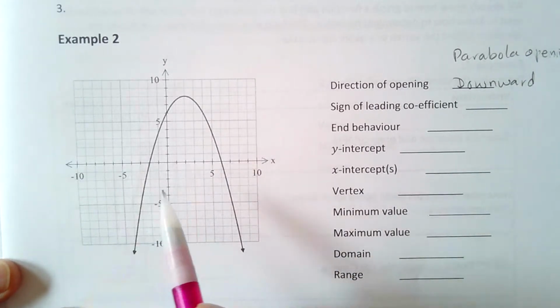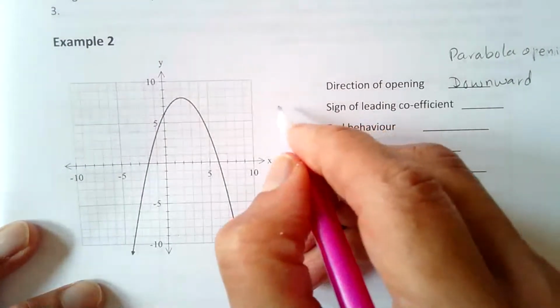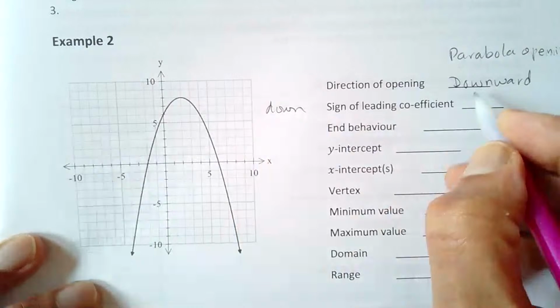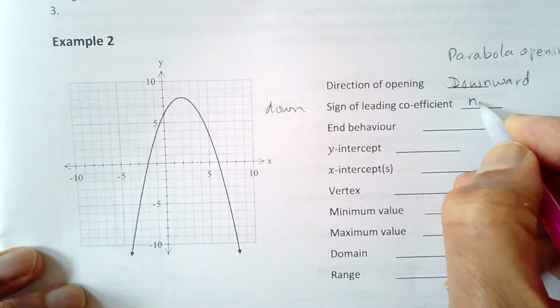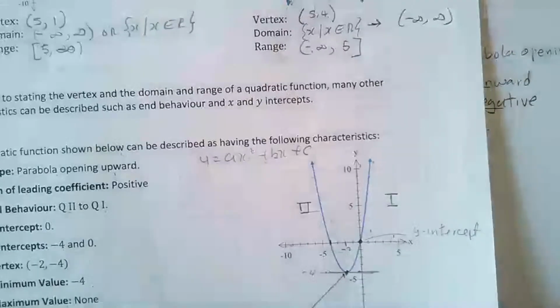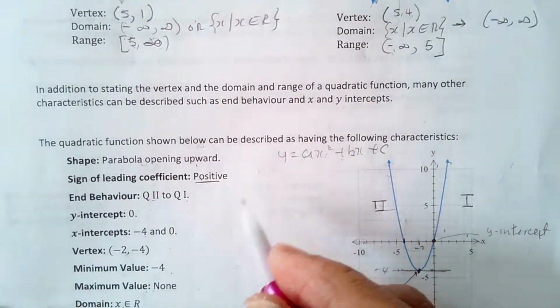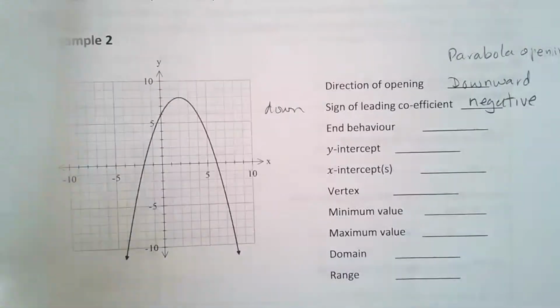The sign of a leading coefficient. Now, if it's going down, it's negative. The first one we did here, the graph is going up, it's positive. Because it's going down, it's negative.